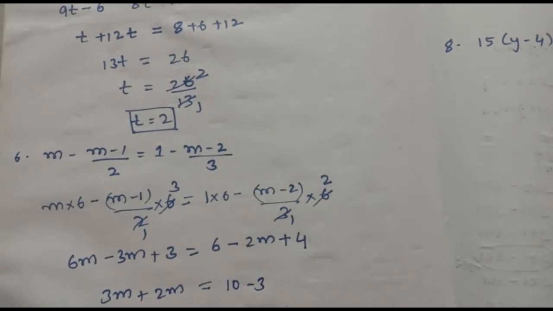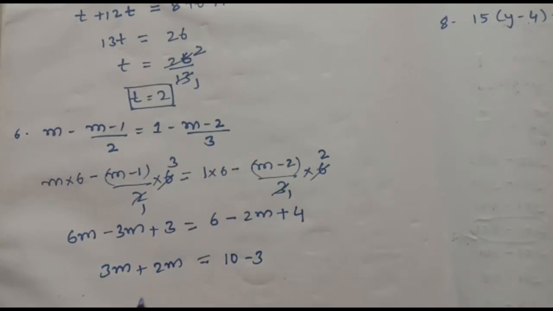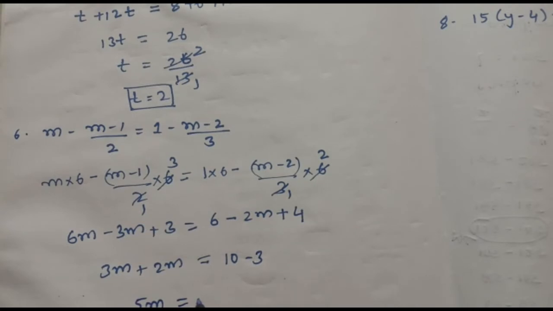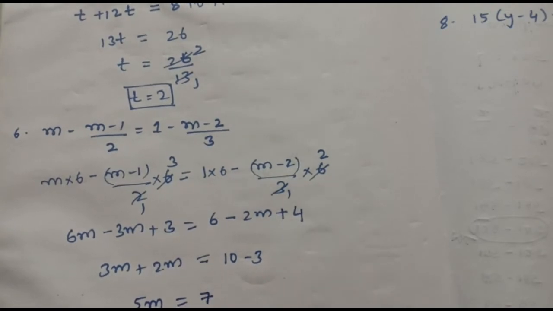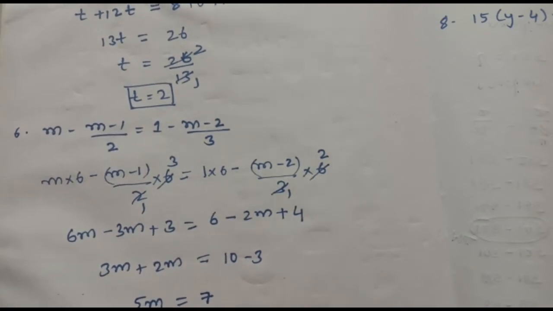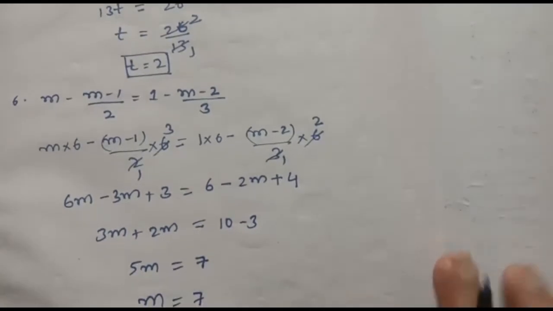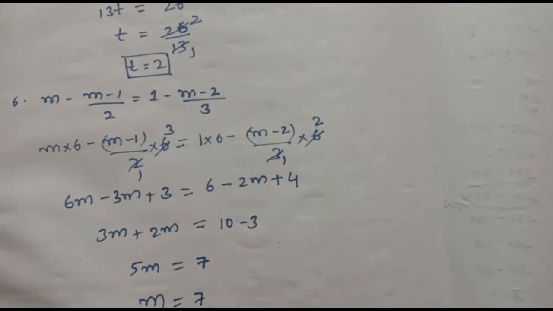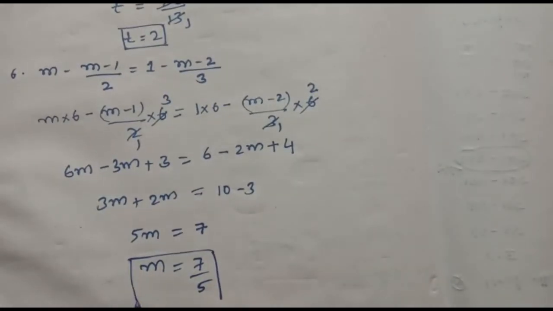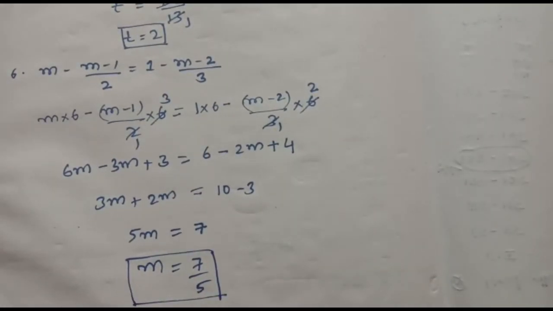Now 3m plus 2m will be 5m is equal to 10 minus 3 is 7. Now m is equal to the 7 as it is. When you transfer the coefficient, it will be in denominator. Our answer is m is equal to 7 divided by 5.